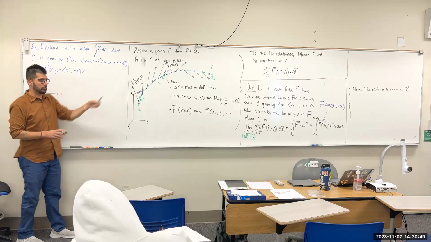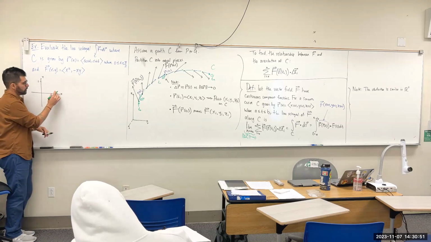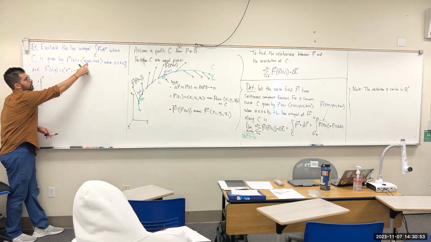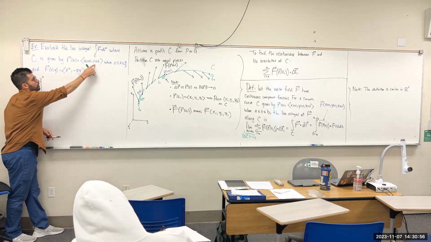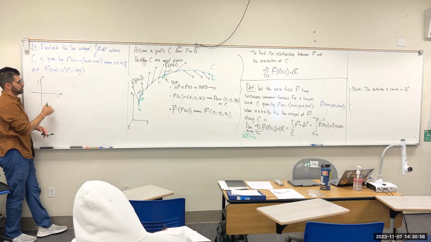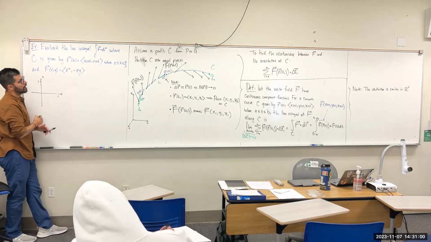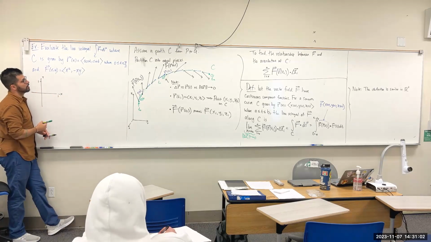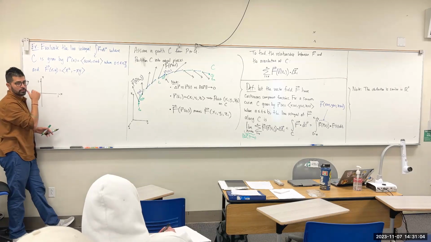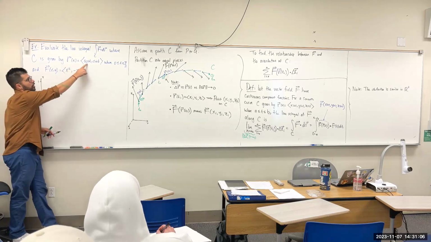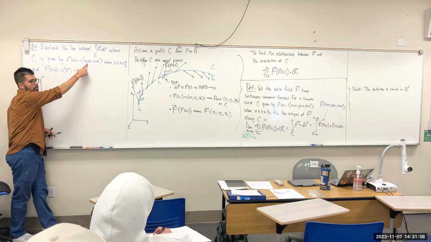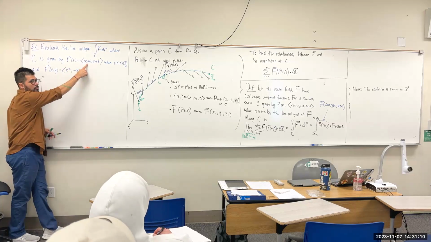Right? So when t is 0, what do we get for r here? What's r of 0? Cosine of 0? 1.